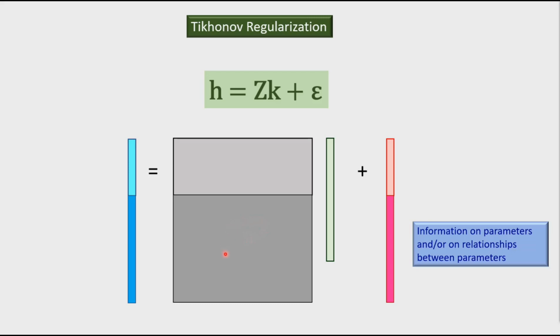But one way or another, we supplement the calibration data set with a whole lot of relationships which collectively pertain to all the parameters involved in the inverse problem. If we do that correctly, we can then obtain a unique minimum error variance solution for all the parameters contained in the parameter vector K.